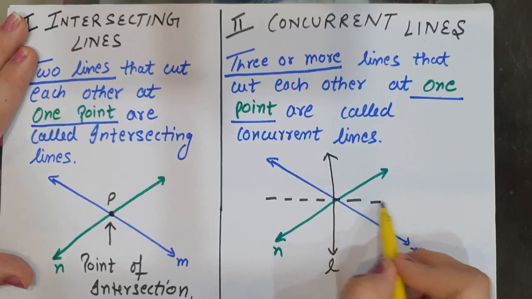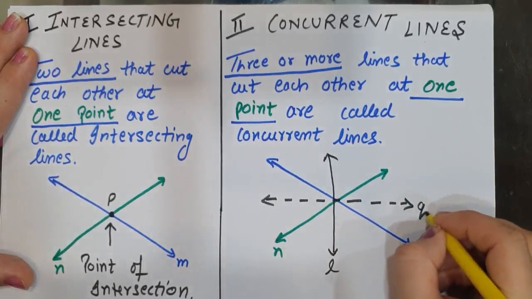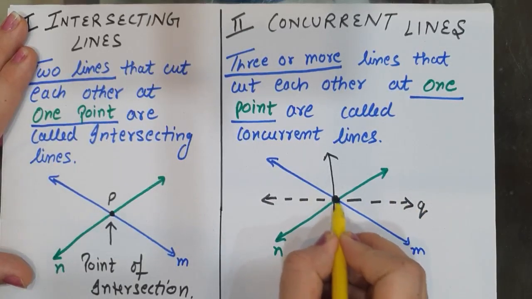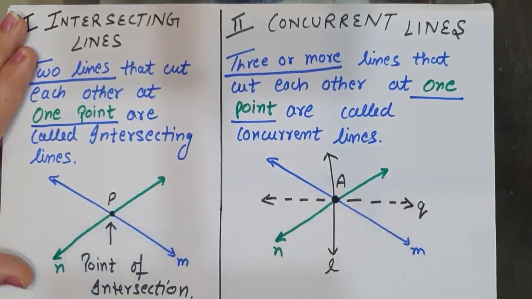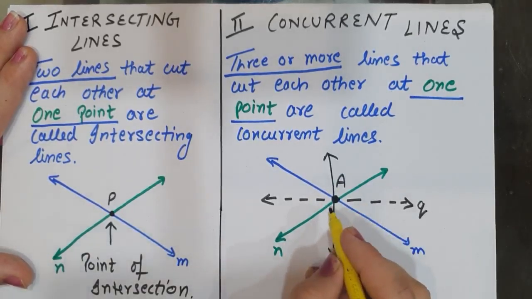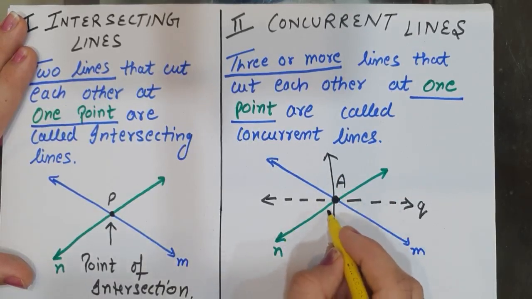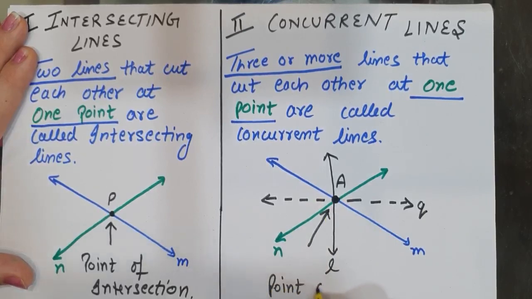There could be, there could not be. So we can name it as small q. Here all the four lines are meeting at this point. Let us name it as capital A. The point where all the lines are meeting, this point is known as point of concurrence.